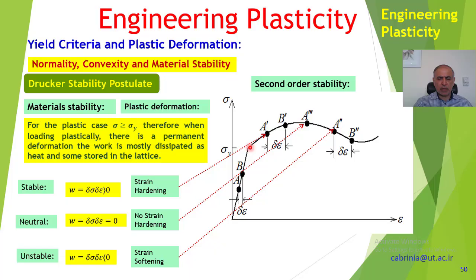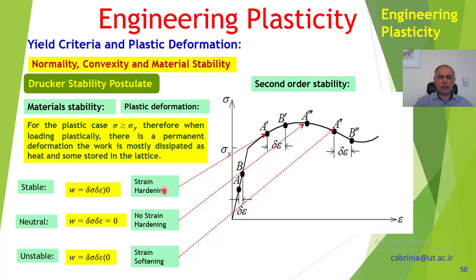Now let's have a look here. Because we have moved out from the elastic region to the plastic region, the first order stability doesn't tell us whether it is stable or not. So we have to use the second order stability. And second order stability is this: delta sigma delta epsilon, whether it is greater than 0, it's a strain hardening.